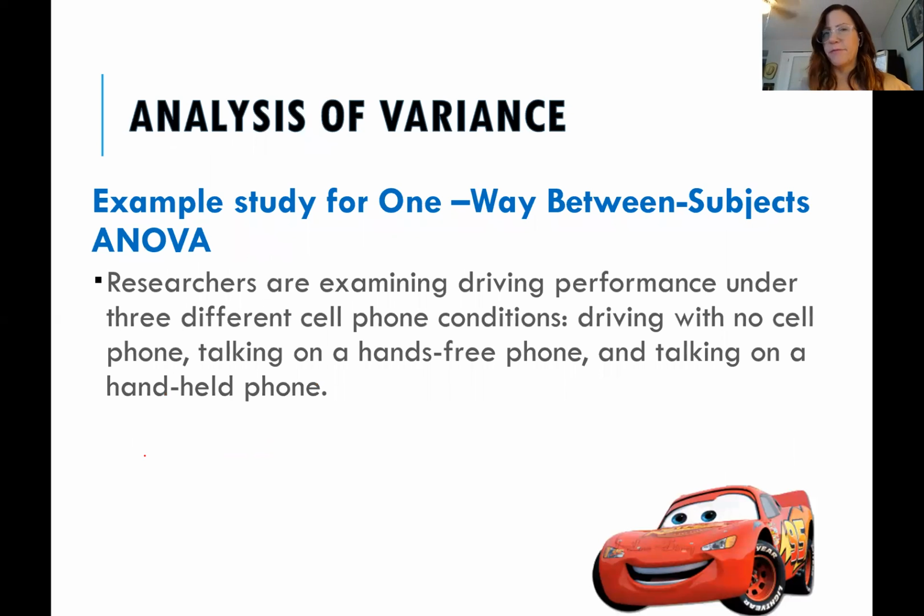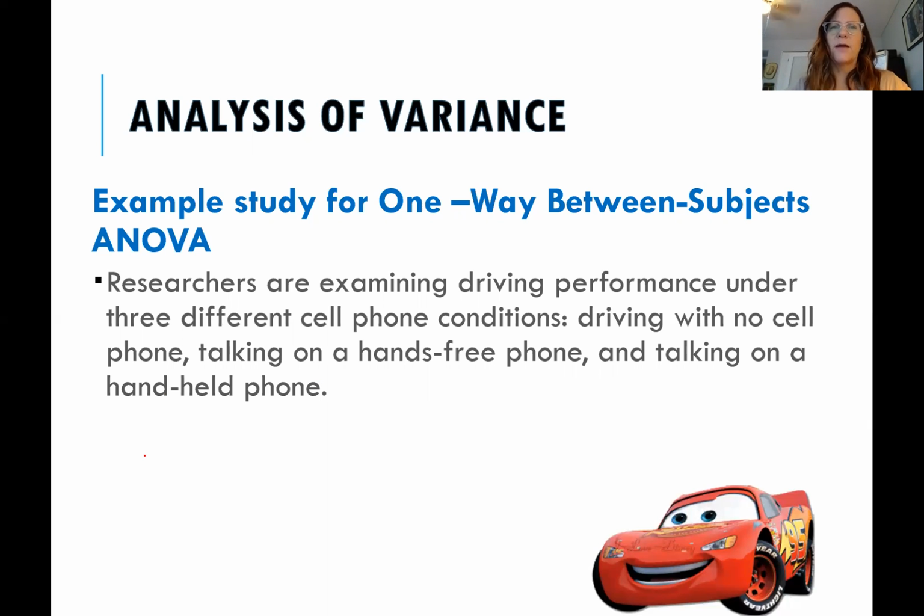So here's an example of what a one-way between subjects ANOVA would look like. I often just say ANOVA, and when I just say ANOVA, it means one-way between subjects ANOVA, or one-way ANOVA, meaning there's only one independent variable, and it's between subjects, meaning there's different people in each of the conditions.